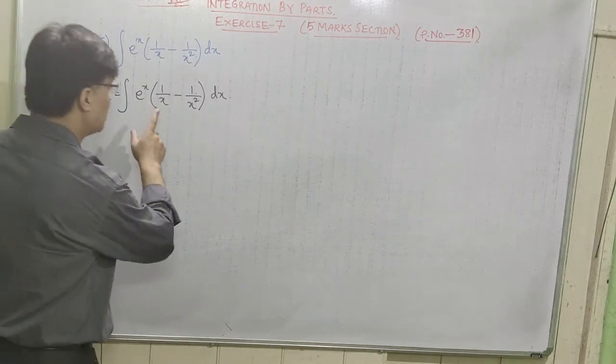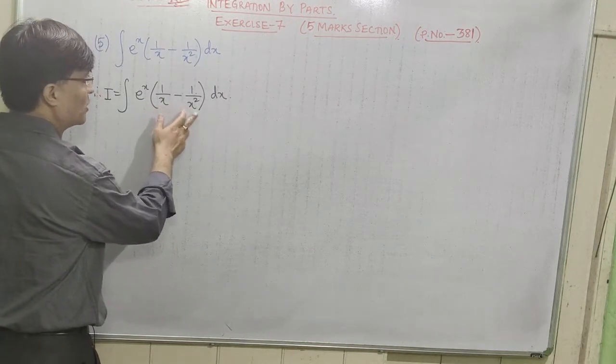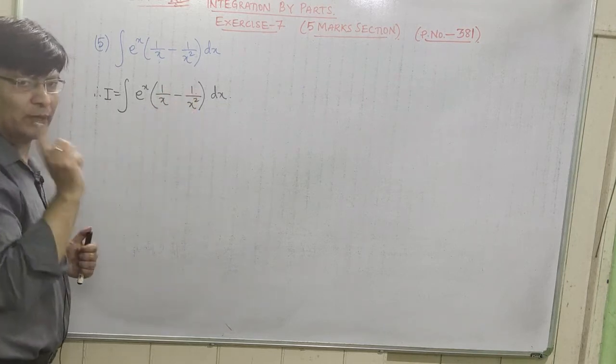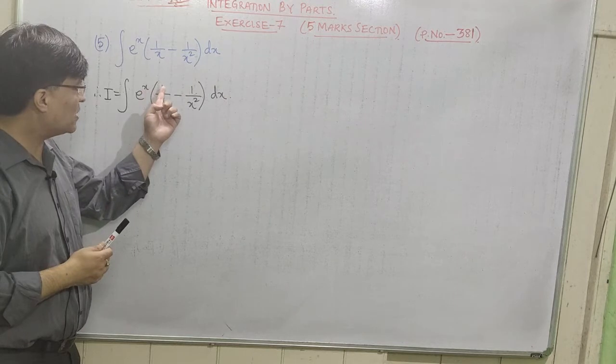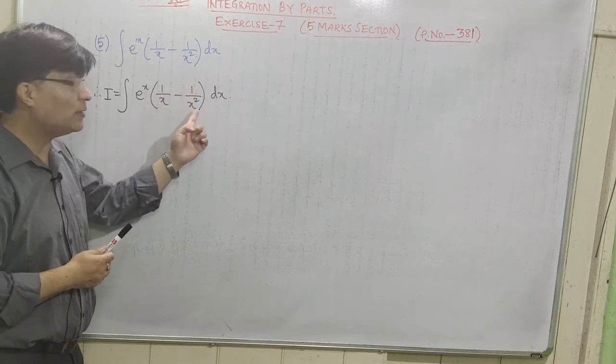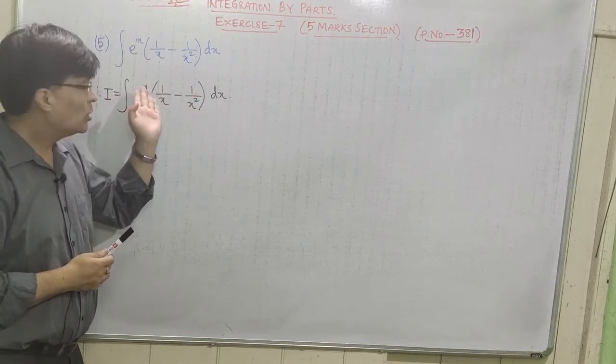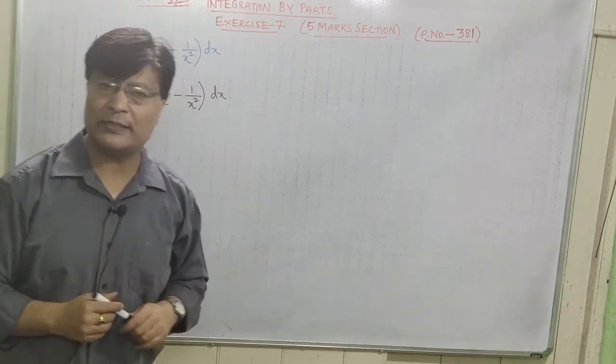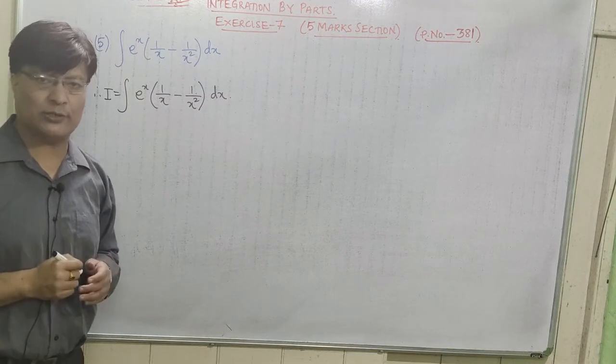Now within bracket you should know the relation between these two functions, that is 1 upon x and minus 1 upon x square. And you know that differentiation of 1 upon x is minus 1 upon x square, right? So let us first multiply it by e to the power x, and then you can separate the integral sign and dx also.